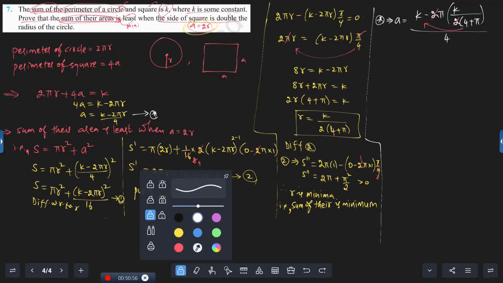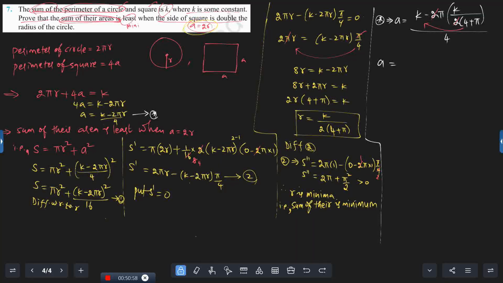So what am I getting? Here we have a K. Denominator we have 4, let it be as it is. K into 4 plus pi minus pi into K, that is K pi, whole divided by 4 into 4 plus pi, which comes in the denominator after cross multiplying.